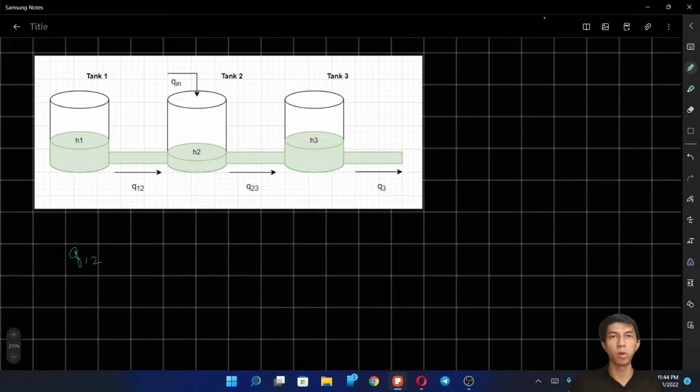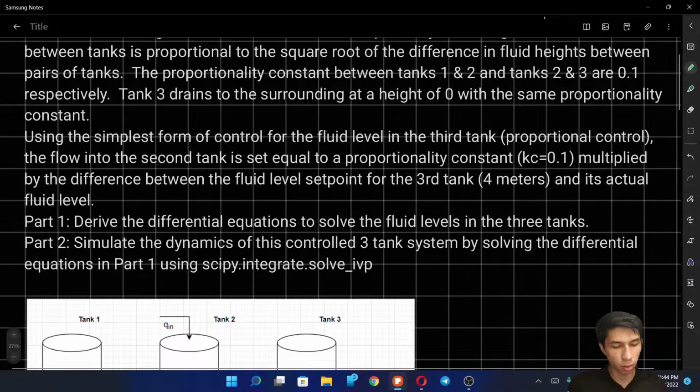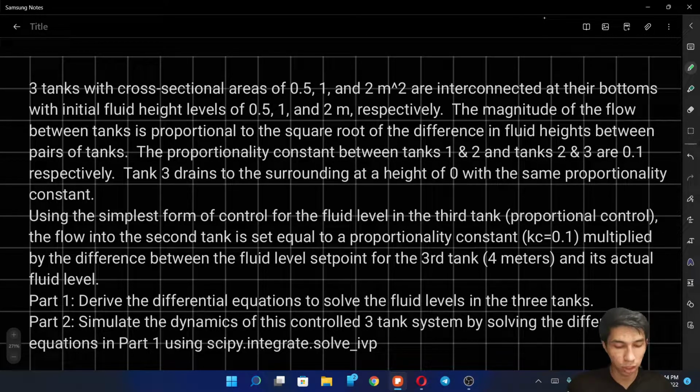As we don't know the heights, the flow is connected to our heights. In the problem, we have that the magnitude of the flow between tanks is proportional to the square root of the difference in fluid heights between a pair of tanks.